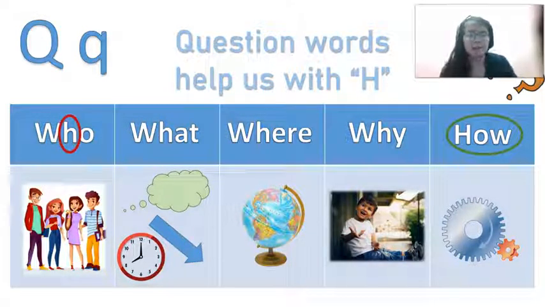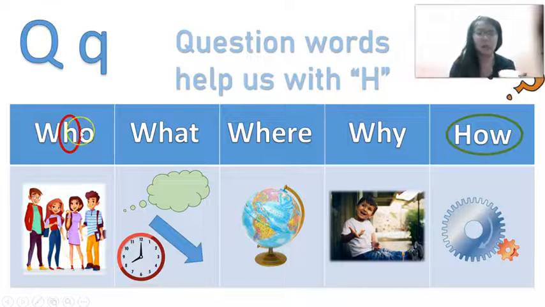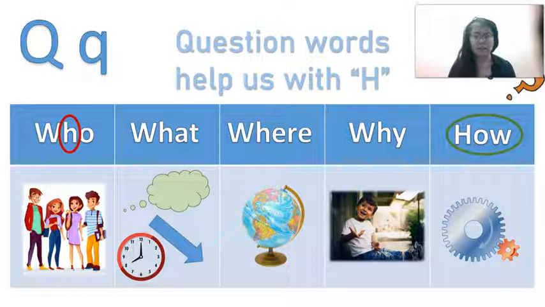And then we also have the H in the word who, and even though it's the second letter, it's the first letter that is pronounced. It's the first letter that you hear. Who and how. You can hear how they sound the same at the beginning. You can hear how they both have the H sound at the beginning.